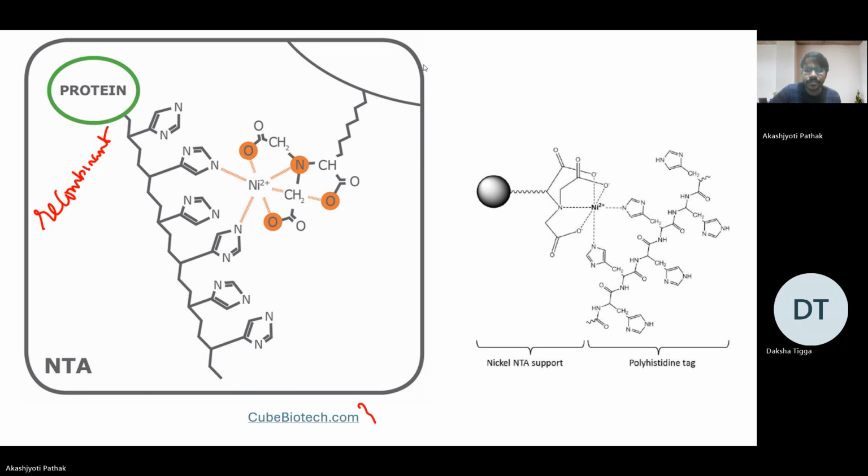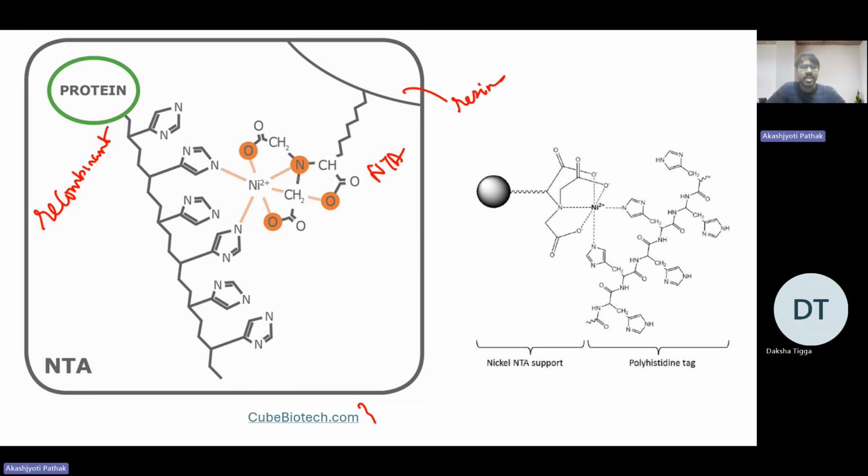So this is your resin, and your resin is immobilized with NTA. NTA is nitrilotriacetic acid. It has this particular structure, CH2COO minus, CH2COO minus.